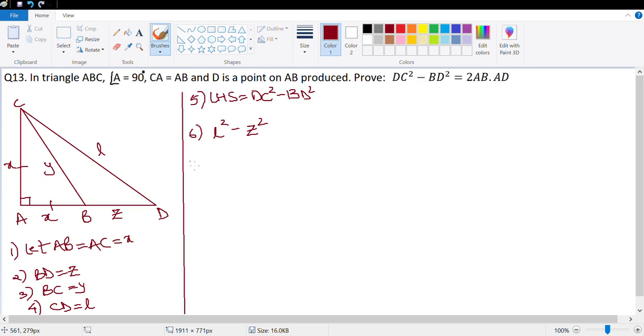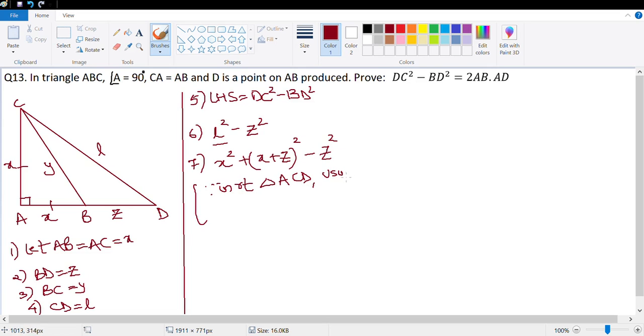L square can be written as X square plus X plus Z whole square, and this is L square and this is minus Z square. The reason for this, since in a right triangle ACD, using Pythagoras theorem, I get CD square is equal to AC square plus AD square.